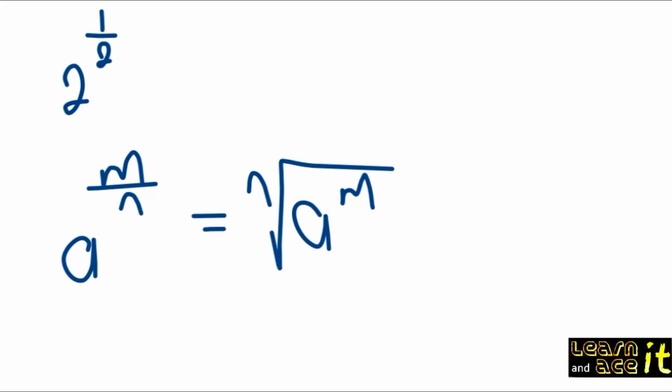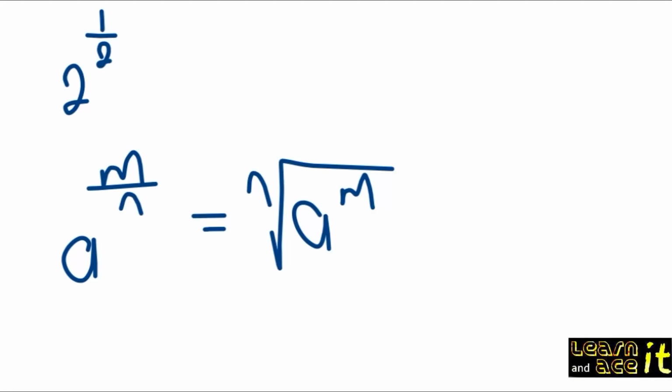What you do here is you drop the base, which is a, and then you raise it to the numerator, which is m in this case, and then you root it by n, which is the denominator. So that's how simple you can convert a rational exponent to a radical.